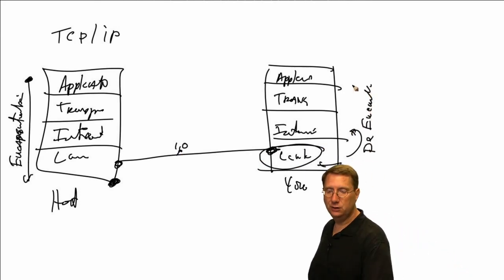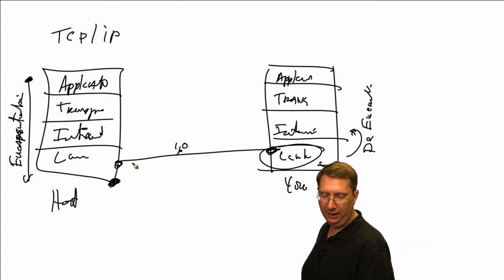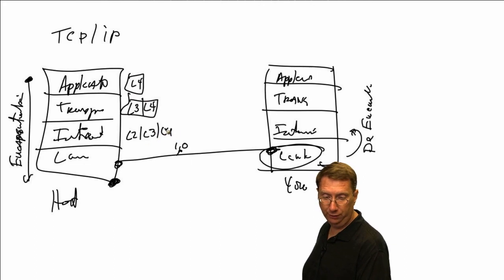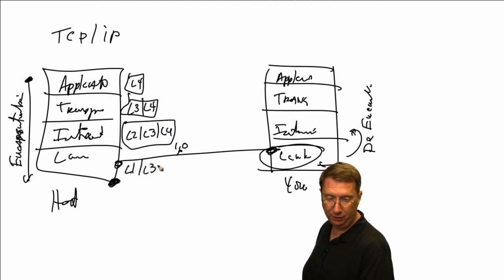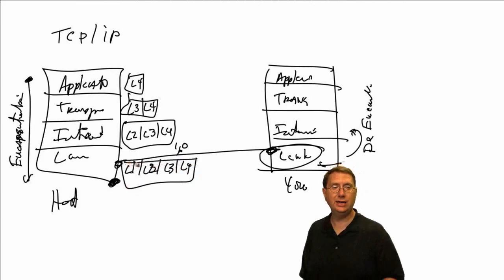Because all the headers that were added, so I've got my layer 4 header here. Here I add a layer 3 header with my layer 4 header. Down here, I add a layer 2 header with my layer 3 header and my layer 4 header. And down here, I'm going to be adding a layer 1 header with my layer 2, my layer 3, and my layer 4 headers. So as you can see, it's getting bigger.